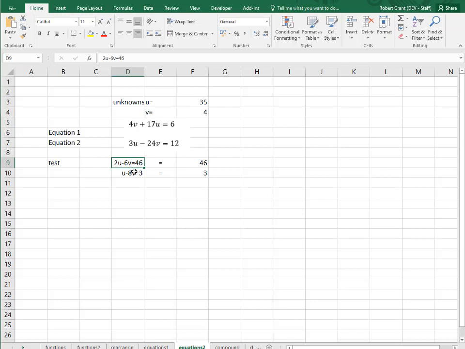So this time I'm trying to fulfill 17u plus 4v equals 6, and 3u minus 24v equals 12.